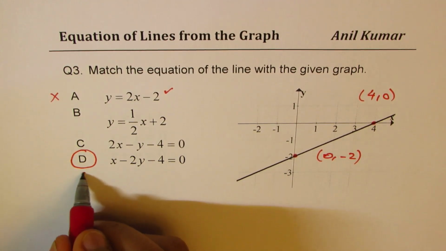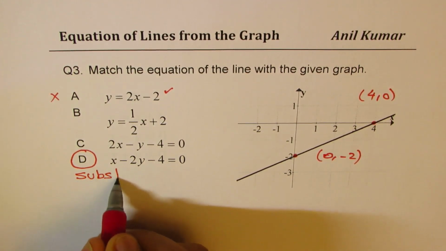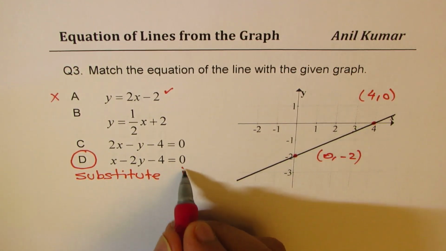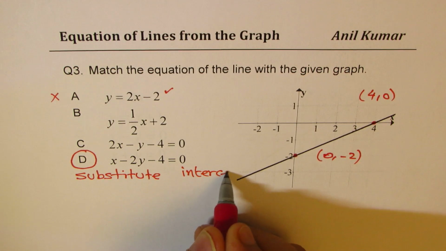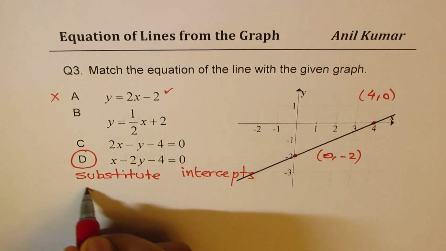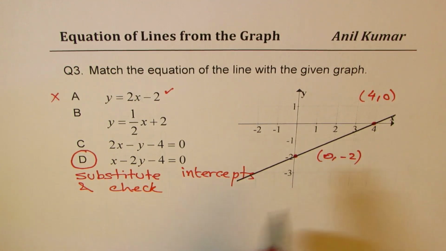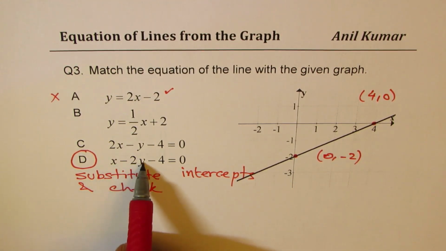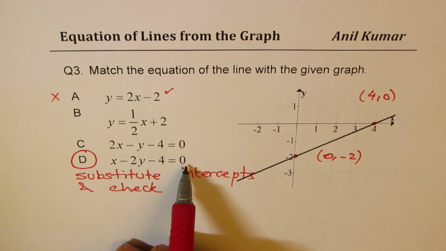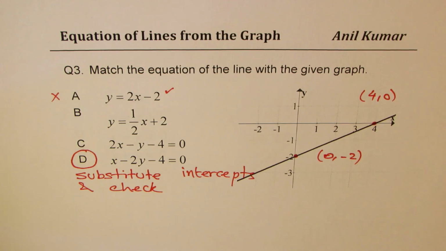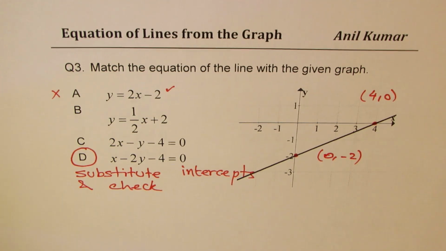So the idea here is to substitute intercepts and check. If I substitute 0 and minus 2, minus 2 times minus 2 is plus 4, which will give me 0. It works.